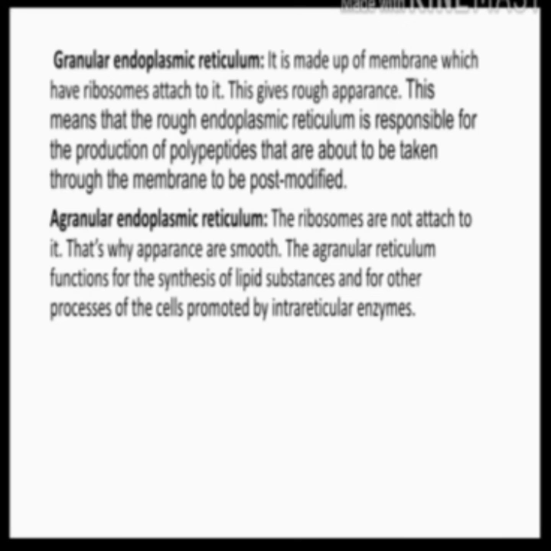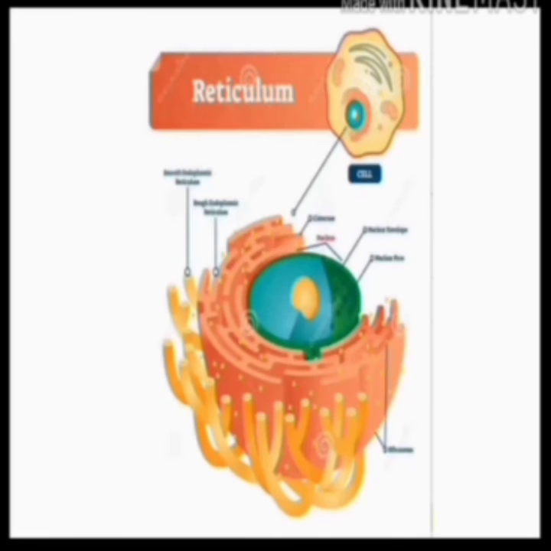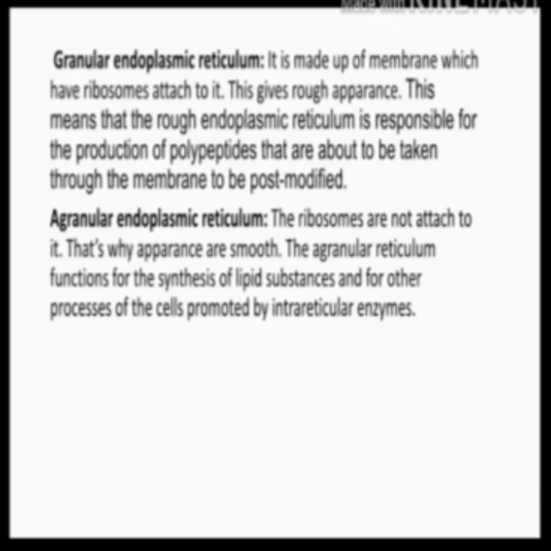These ribosomes are known as the protein factory. The ribosomes are composed of protein and RNA, and they take part in protein formation. After protein is formed, the membrane takes the protein and modifies it.